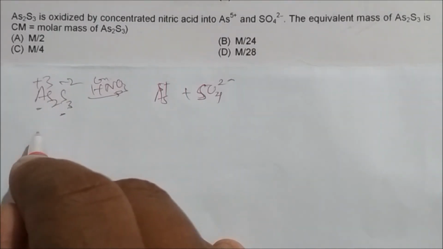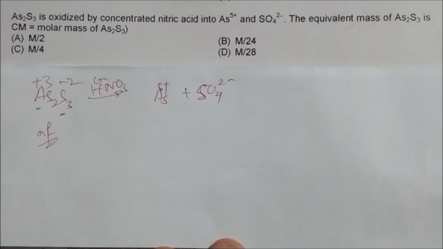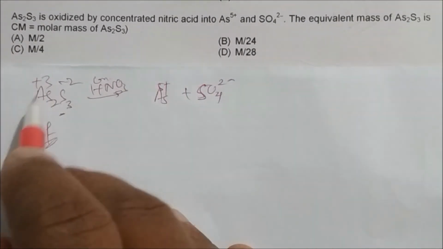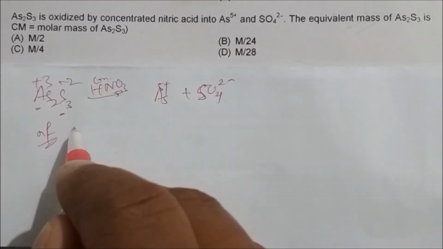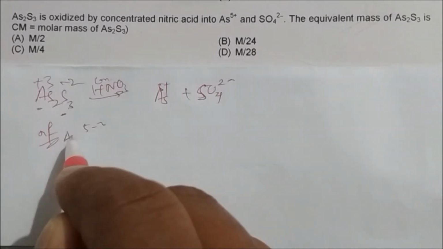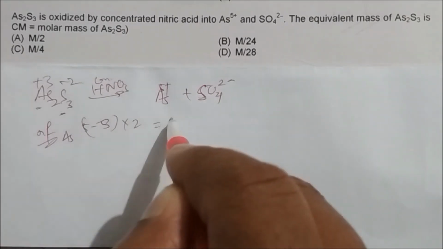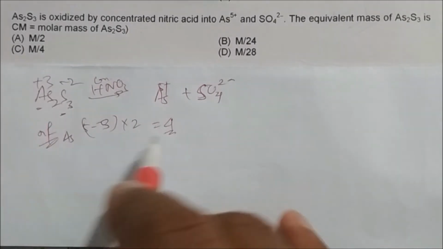First we have to find the total n-factor, then we can decide the equivalent weight. For arsenic, going from +3 to +5 is a change of 2, multiplied by 2 atoms, so the n-factor for arsenic is 4.